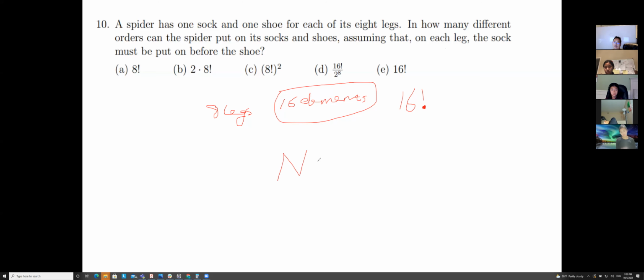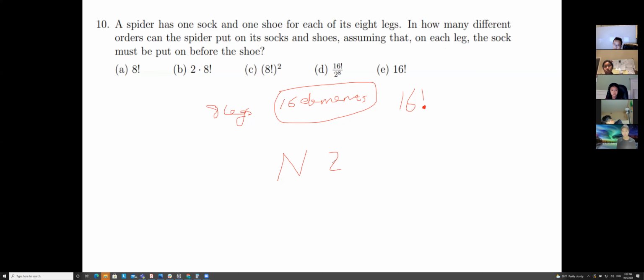And now we limited the shoe and sock, so it's as if the shoe and sock are identical. If we now allow the shoe and sock to have random order, that means every leg will have 2 times, I say double the arrangements.